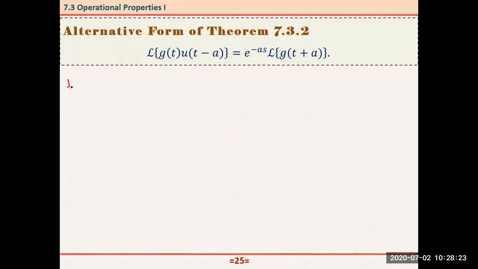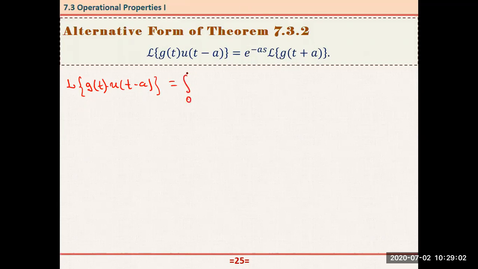Here, using the theorem, we know the Laplace transform of f of t minus a, or let's say g of t times u of t minus a. Using the definition, what is it?